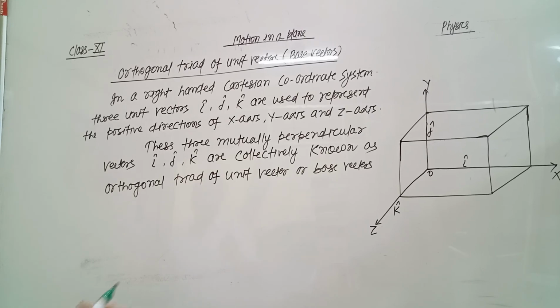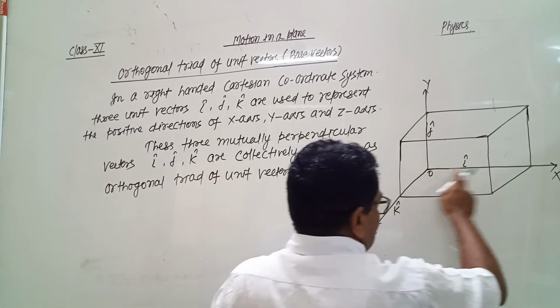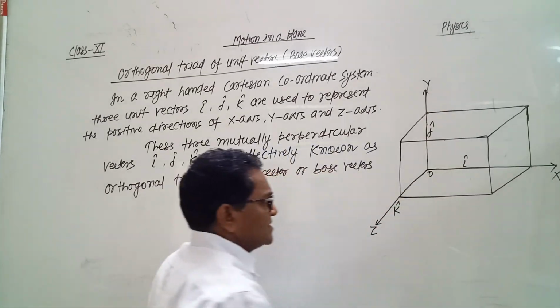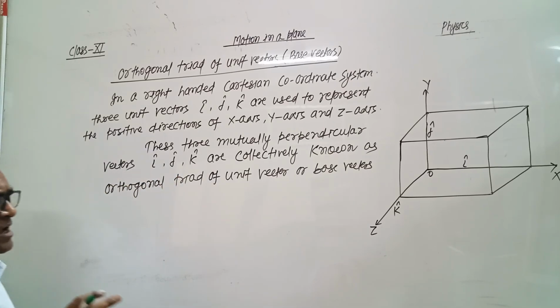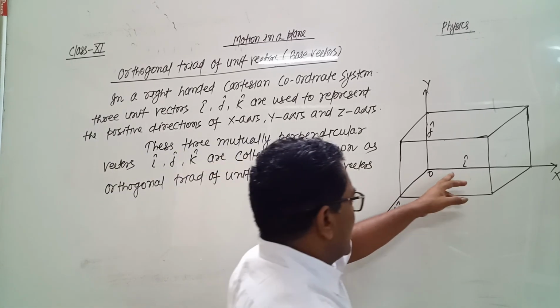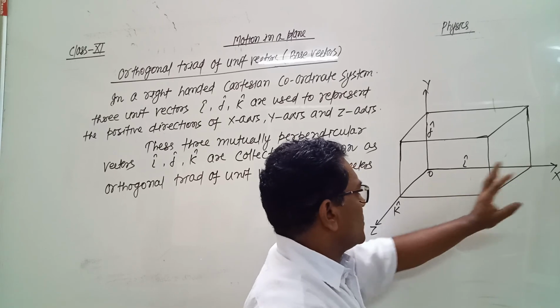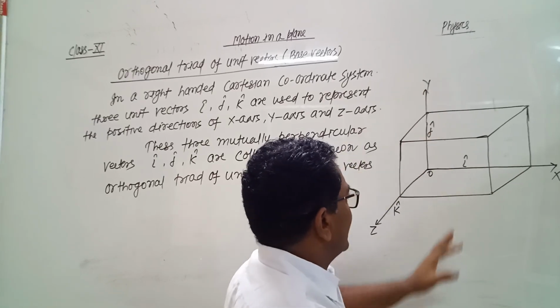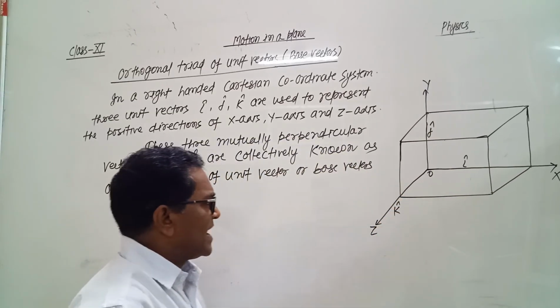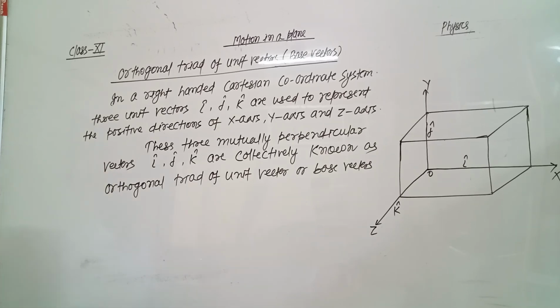So in a right-handed Cartesian coordinate system, this is right-handed because the angle between x and y is 90, y and z is 90, and z and x is 90. And three unit vectors are represented: i cap along positive direction of x-axis, j cap along positive direction of y-axis, and k cap along positive direction of z-axis.